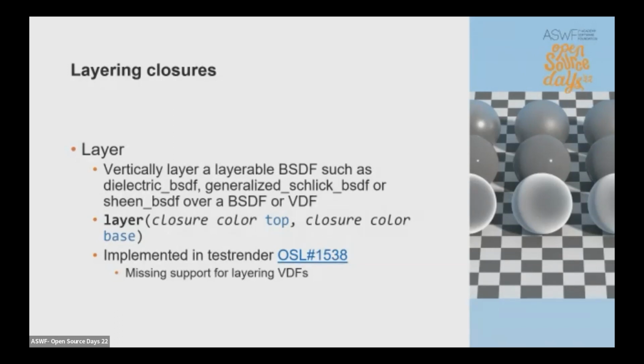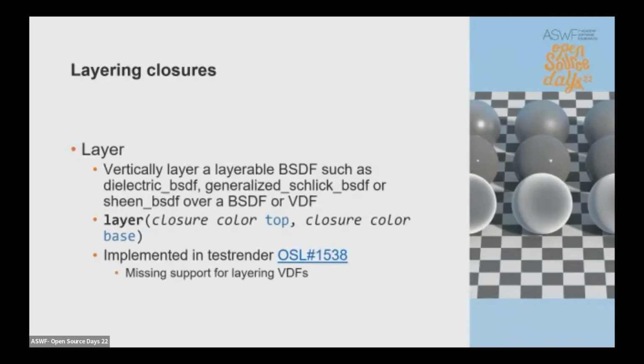One thing that is very important in modern uber shaders is the layering and the layering model, and more on that later. So in the specification, we introduced the layer closure, and it's really meant to represent a vertical layer of BSDF. So you have a top BSDF, a base BSDF, or a BSSRDF even, and you delay the decision on how you're going to mix those two closures to the integrator.